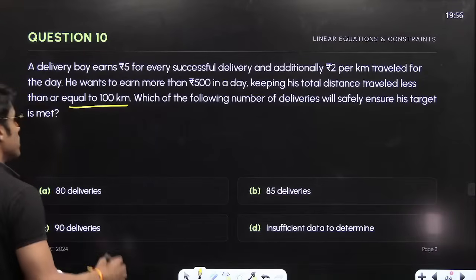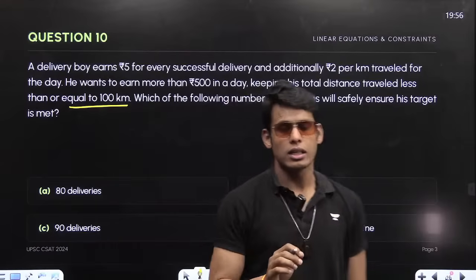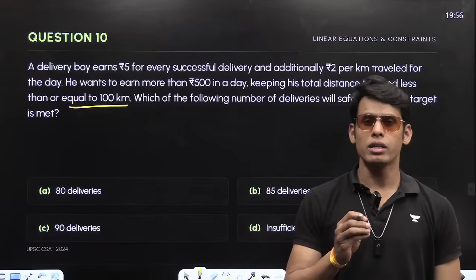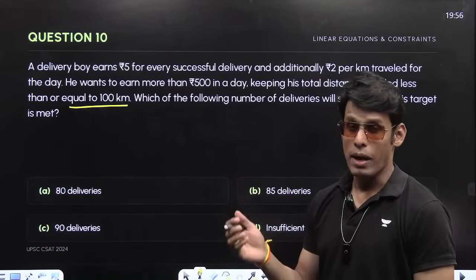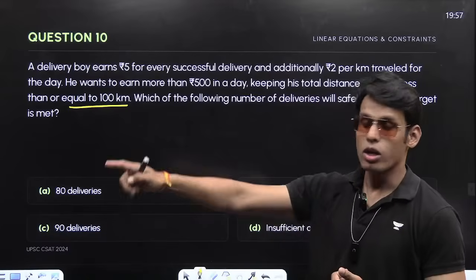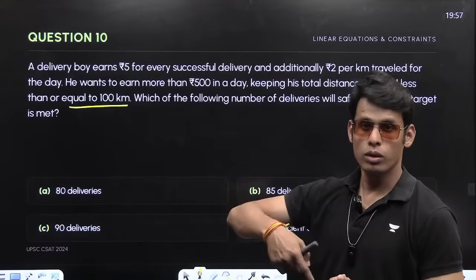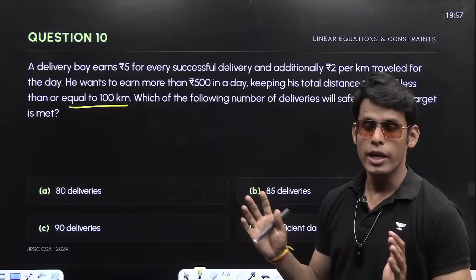Now the problem is, in this entire problem, they are not telling us how many kilometers he will travel. Just imagine that he is delivering 100 orders in a single row, and he is barely moving 1 kilometer in total.